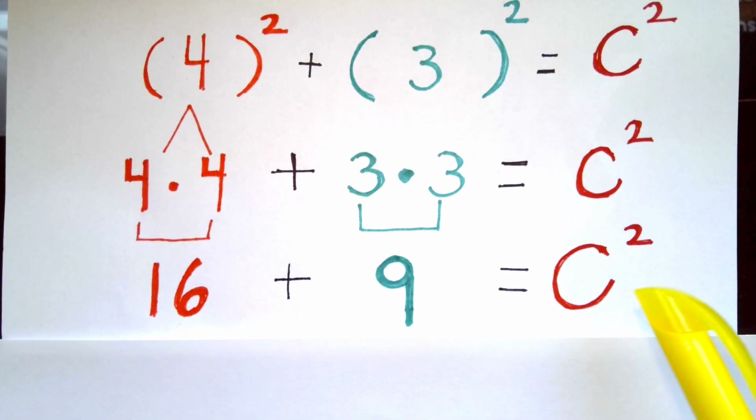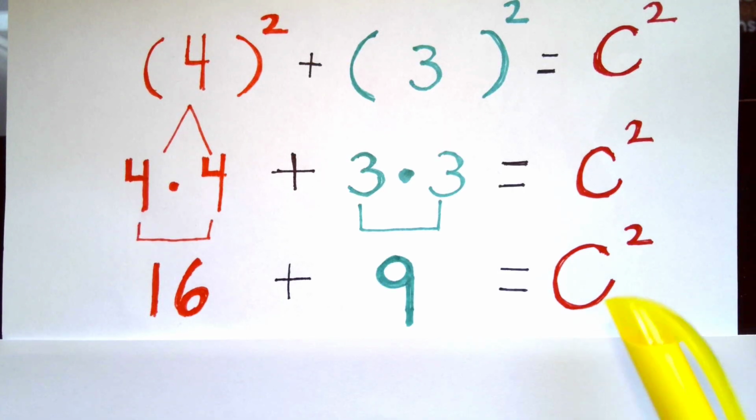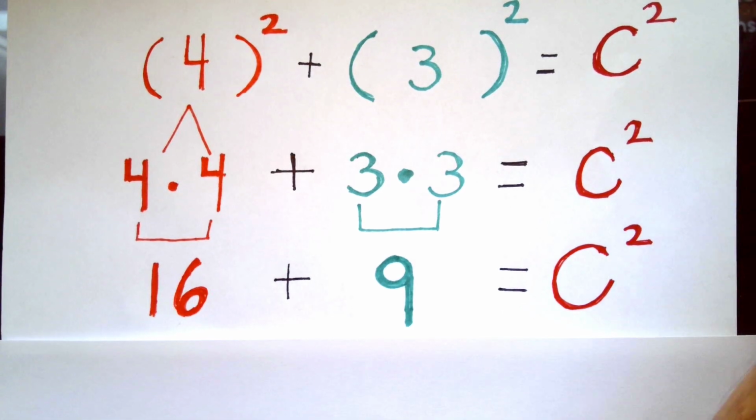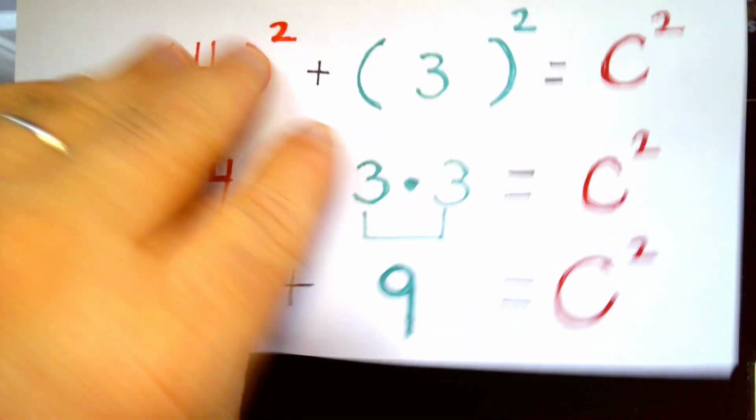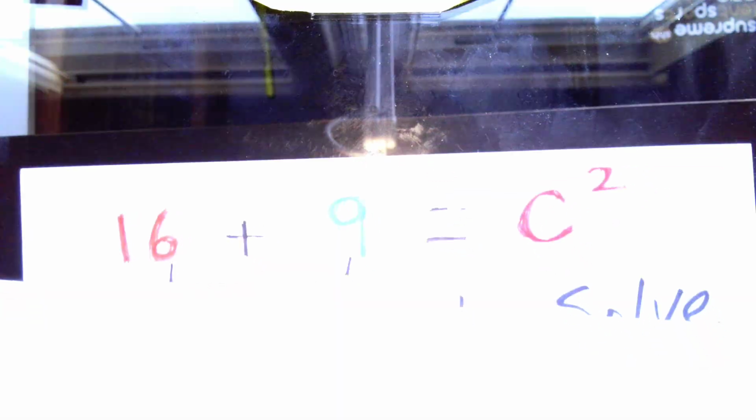Equals C squared. Okay, so this is video number 3, and right now we're using Pythagorean theorem. We're substituting values, and now we're simplifying to get C all by itself. So let's go ahead and take a look, and we'll continue on here with this next portion.